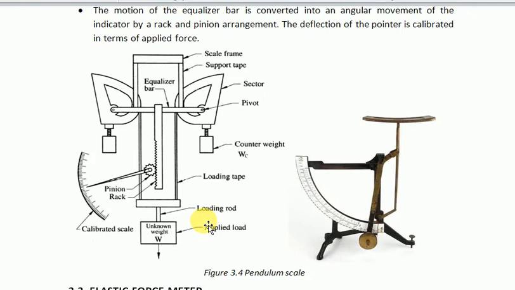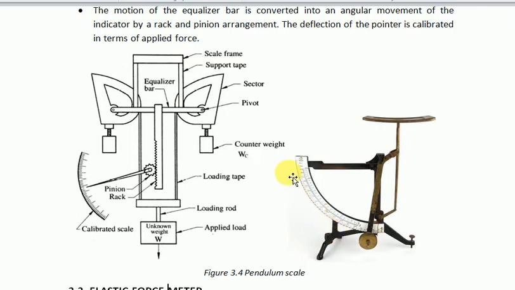Friends, this is one more pendulum scale, which does not measure the load, but it measures the torque. Whatever the weight you keep here, and this is the roller or pendulum which rotates on this screen.